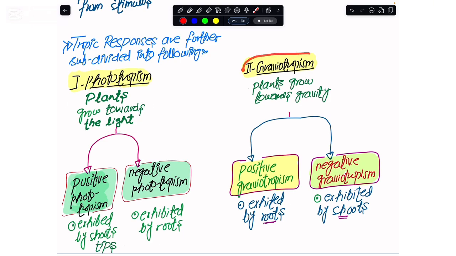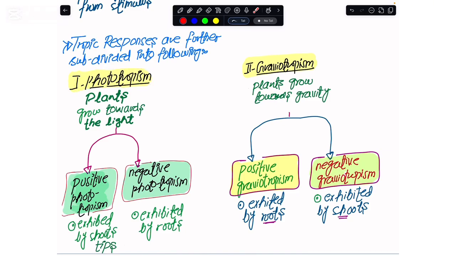When we say gravitropism, our idea is that plants grow in the direction of gravity, and we know that the gravitational force always acts downward.